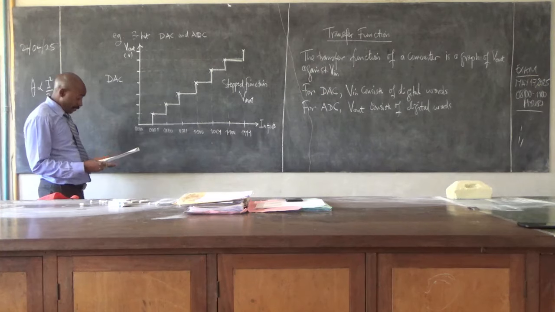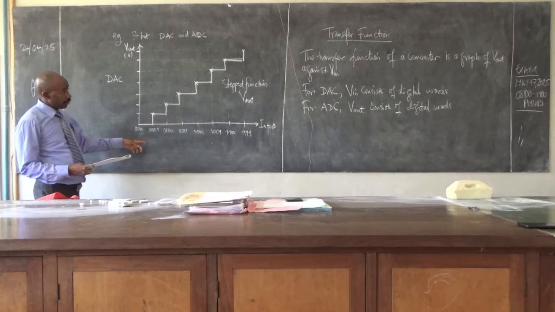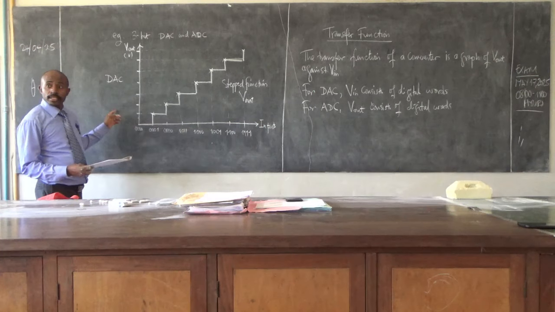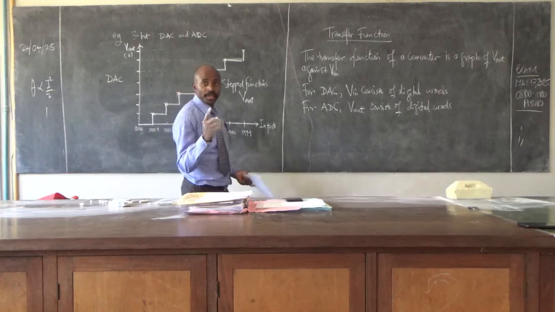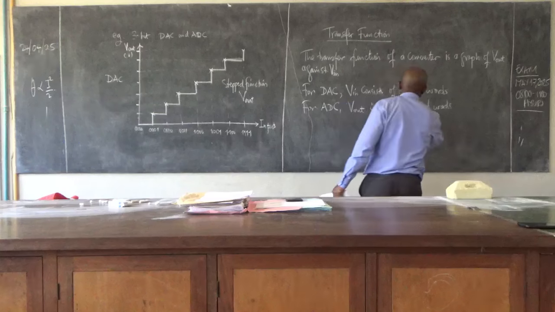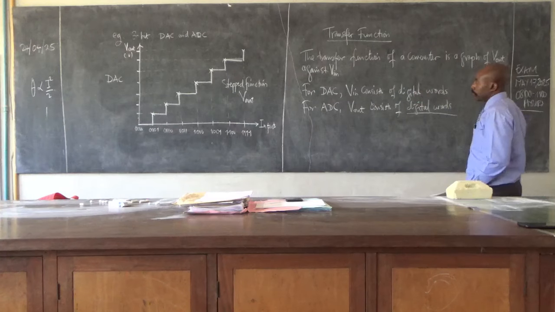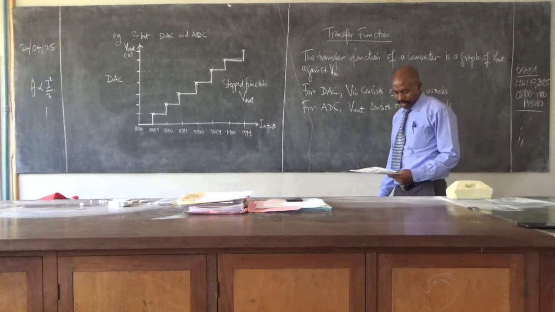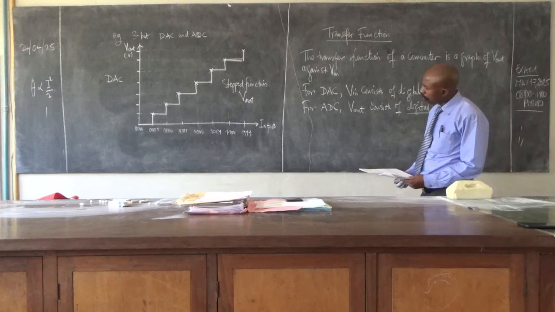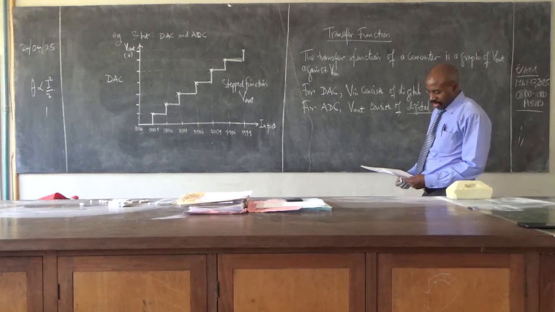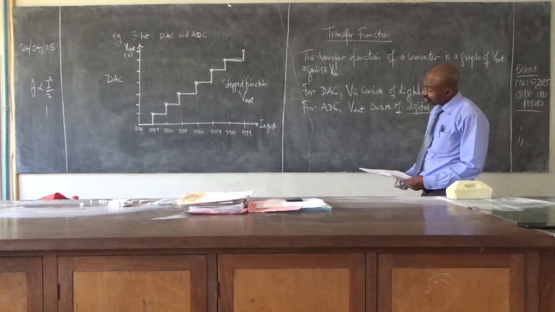Then we do the same for the input. For the ADC, what is the output here? The digital words. So I thought I could use the same graph since everything is almost done.